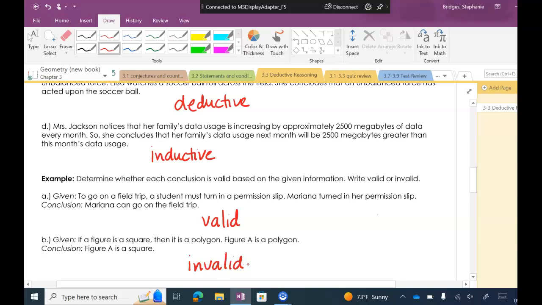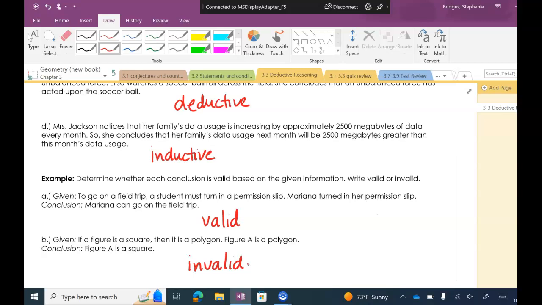So if it's a square, then it's a polygon. Then it goes on to tell me that figure A is a polygon. Just because it's a polygon, does it mean it's a square?